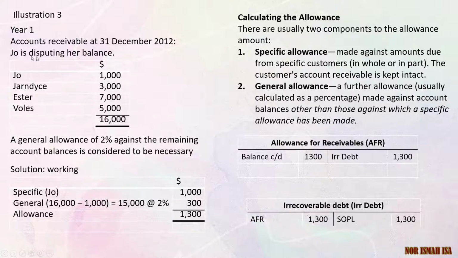But Joe has disputed his balance, so since Joe disputes paying the balance, Joe becomes a specific allowance for receivable. As for the solution, since Joe disputes paying but it has not become irrecoverable yet, we just put a specific allowance for Joe of 1,000.